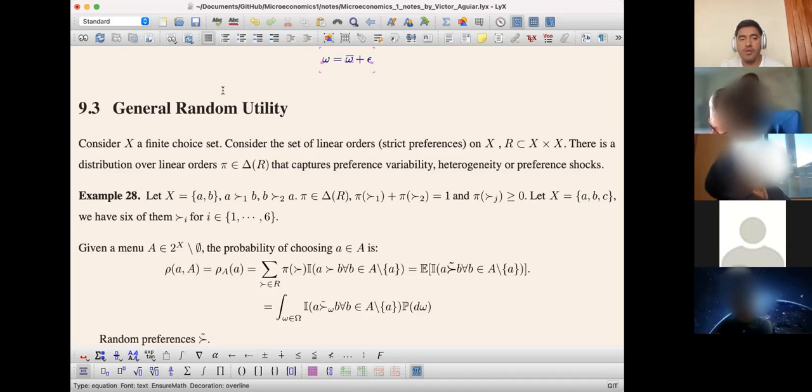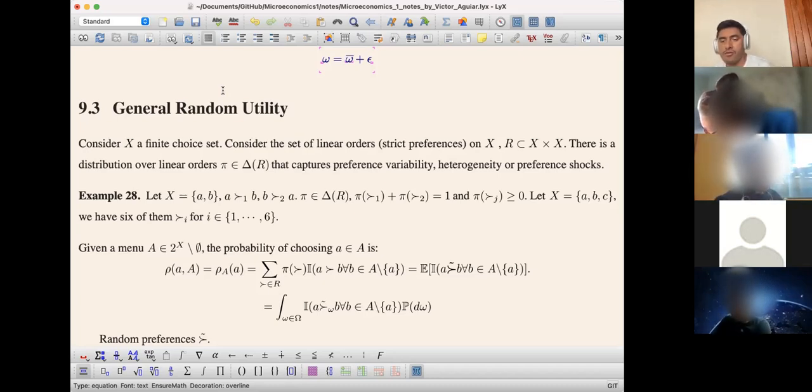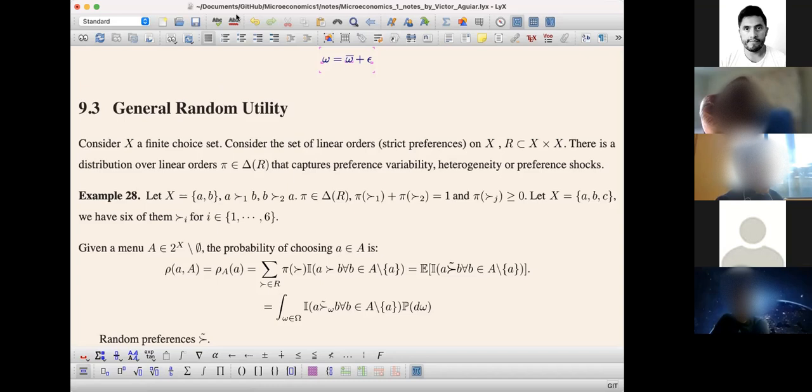So let's start with example 28. The simplest possible example, of course, is going to have a choice set of two alternatives, A and B, okay? How many possible rankings are there when you have two alternatives? Well, there are only two, right? In fact, I can always compute the number of rankings in any given choice set if I take the cardinality of the choice set and then take the factorial of that cardinality.